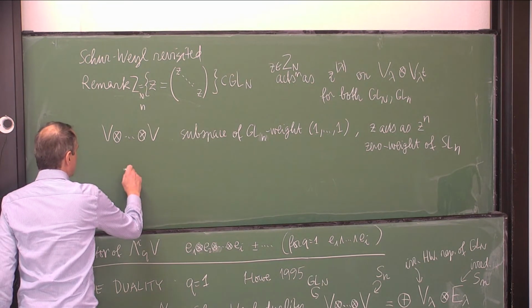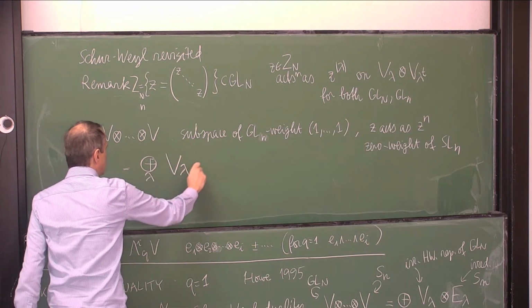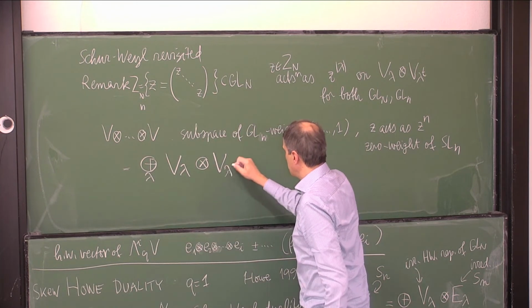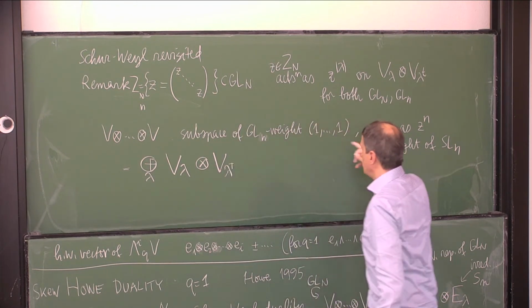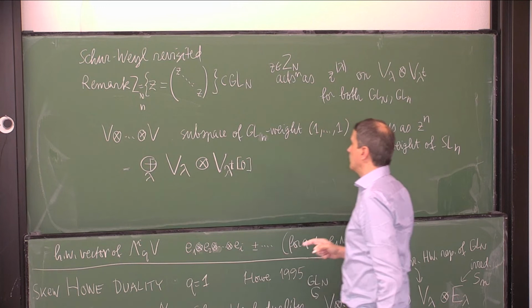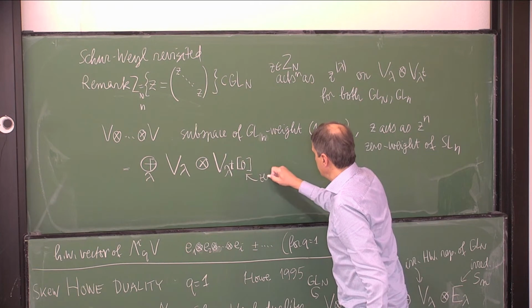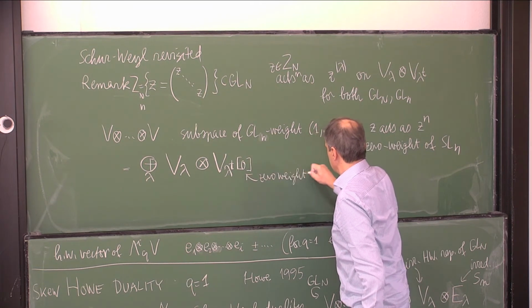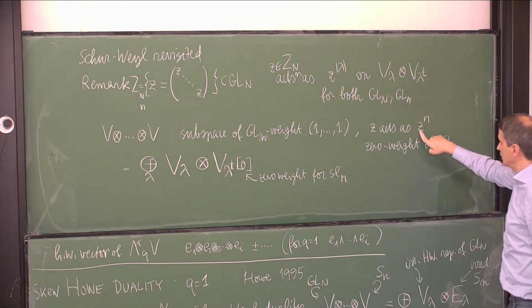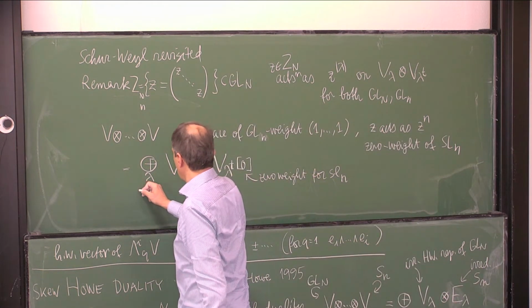And so in this decomposition we can see it as V_lambda for SL_n tensor V_lambda transposed, but here we have to act on the zero weight space for SL_n. We also want Z to act like that, so we sum over the partitions lambda with n boxes.